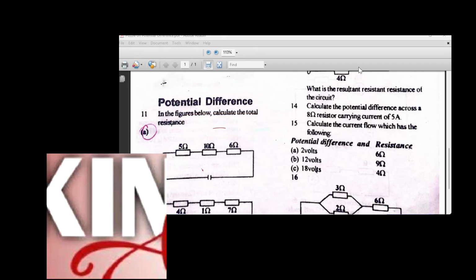Here is our first question. It states that in the figures below, calculate the total resistance.